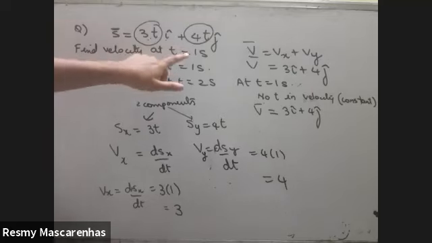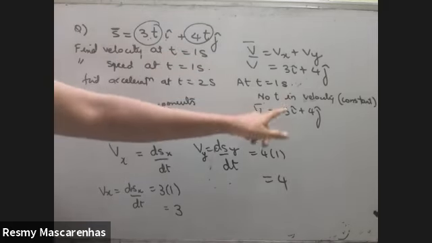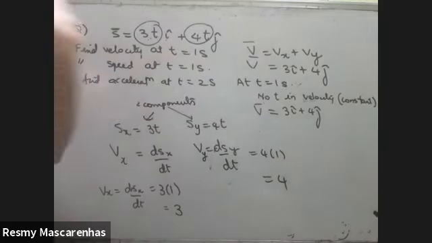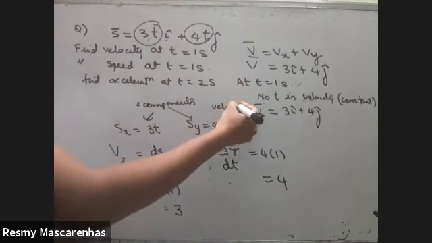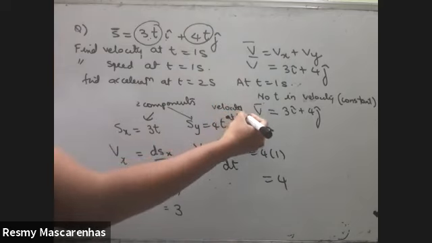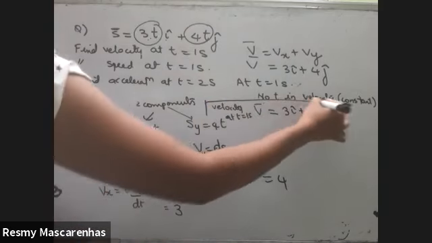Even if they had asked to find velocity at t equals 5 seconds, the answer would still be the same because there is no t to substitute. So therefore velocity at t equals 1 is this. So your first part is done.